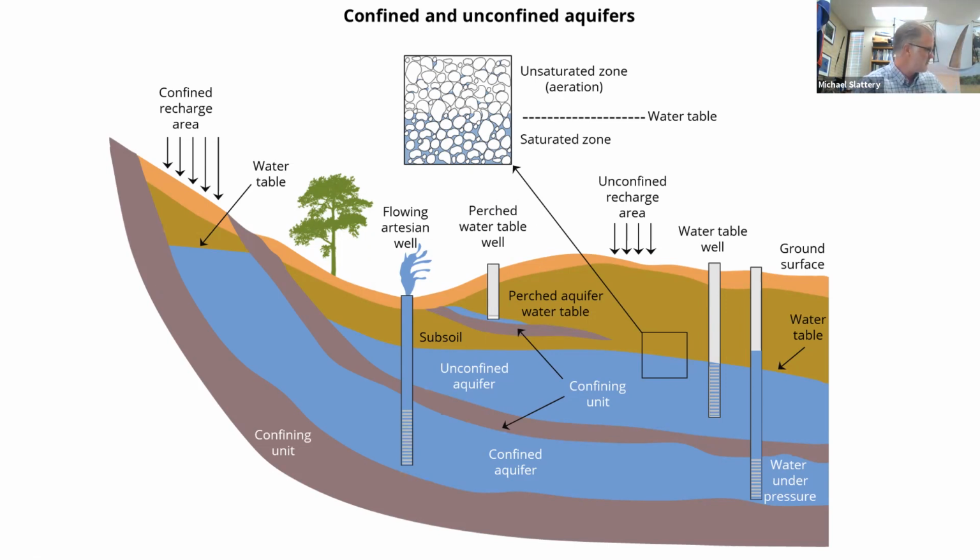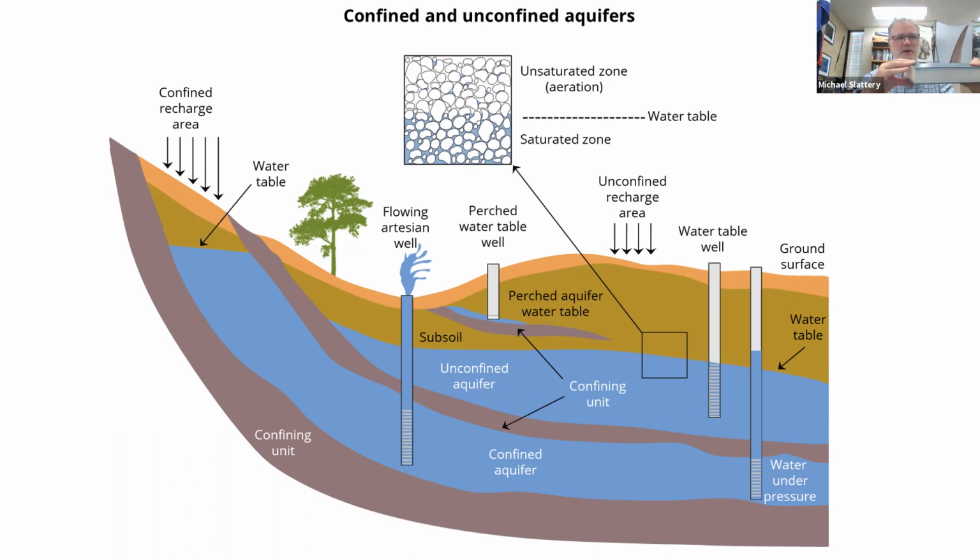A confined aquifer is, let me give you an example. I'm holding up a book here that has a cover on the top and a cover on the bottom. It's a hardcover book. If the pages in the book represent the geologic units that can store water, and I was to force water into these pages, that water would be under pressure, and the top is impermeable and the bottom is impermeable. That's a confined aquifer.